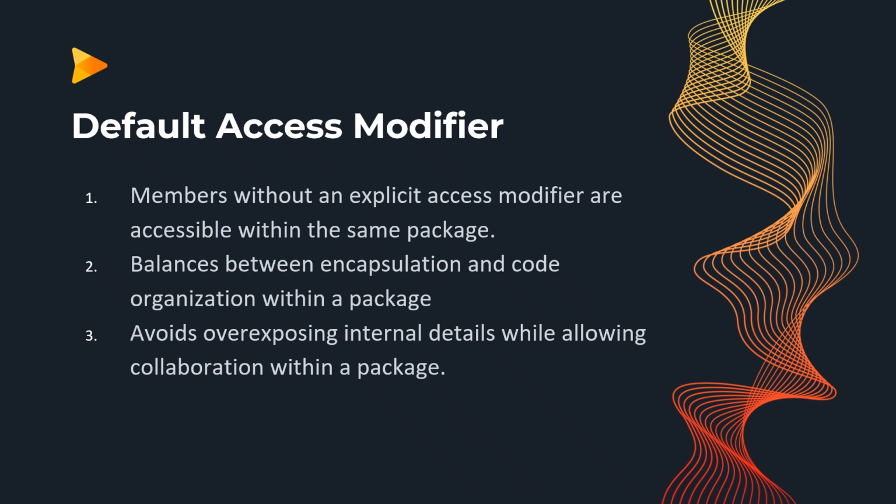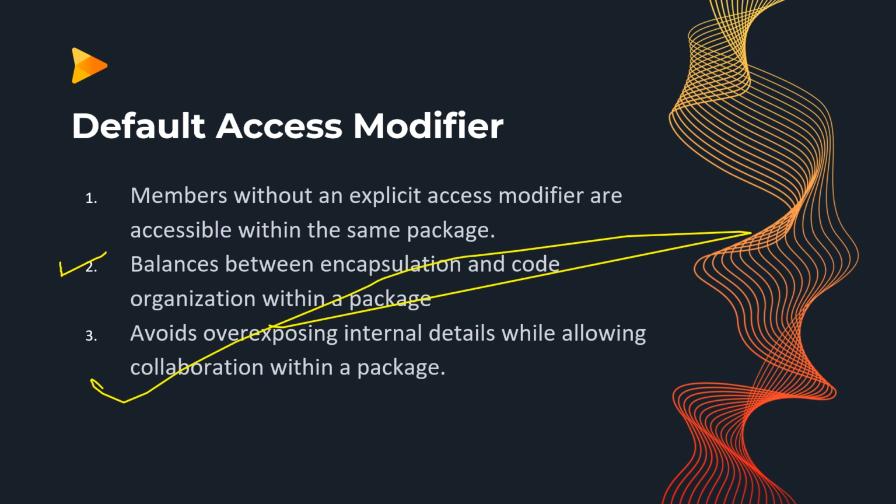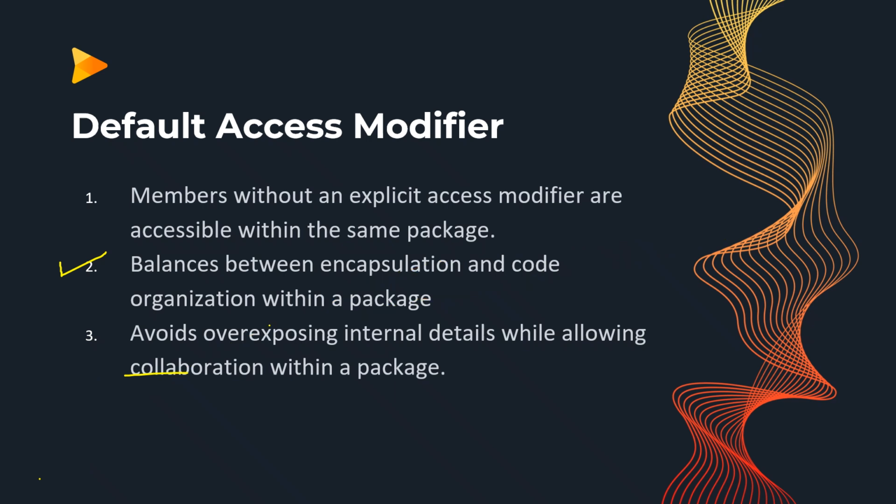Members without any explicit access modifier are accessible within the same package, and it balances encapsulation and code organization within the package. It avoids overexposing internal details while allowing collaboration. Sorry guys, there was some mistake, and because of that this annotation happened. Okay, now it is clear.